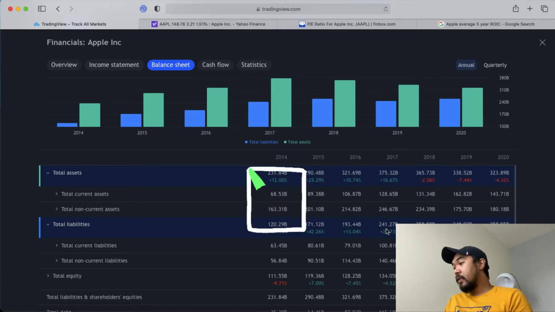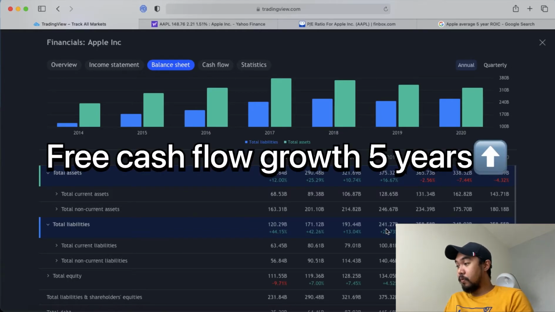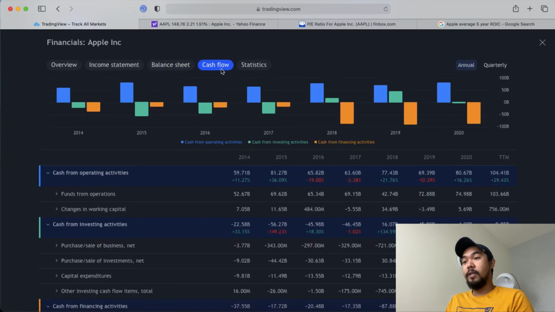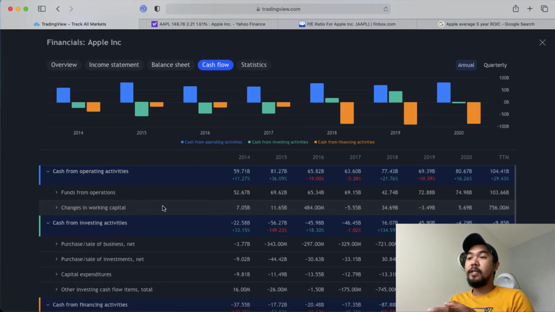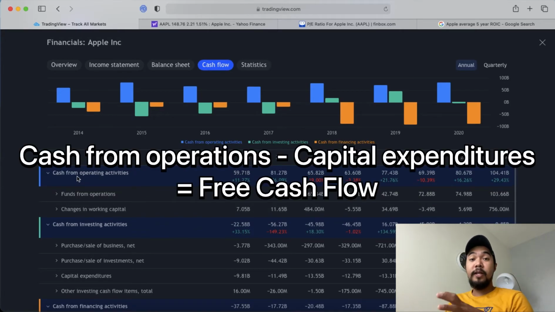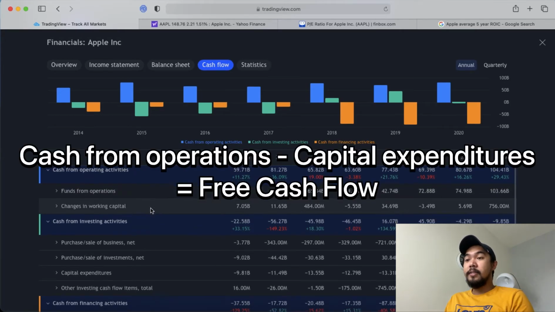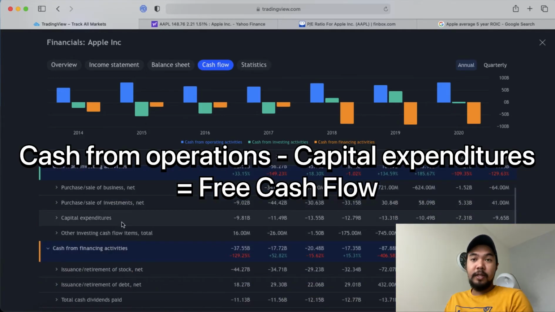Let's go to number 7. It says here free cash flow growth in the last 5 years. So let's go to the cash flow statement and then the free cash flow. Free cash flow is calculated by taking your cash from operating activities and subtracting your capital expenditures.